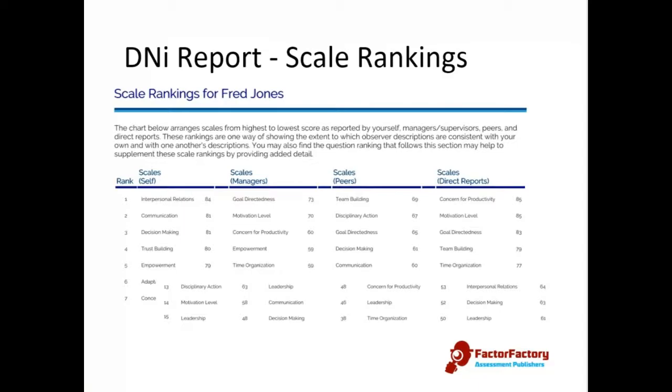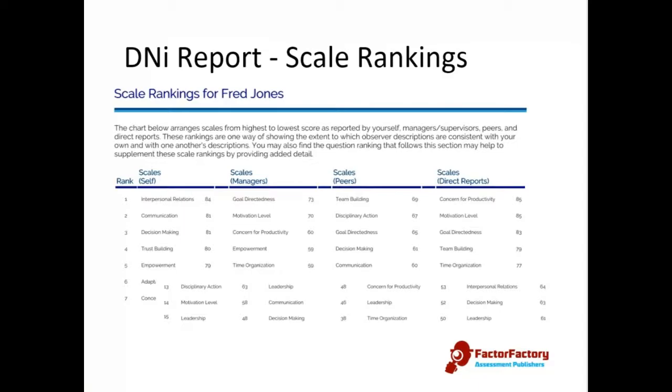In the next column, leadership is ranked at 48. It's third to last. Then we go across and we see second to last under peers is leadership with a score of 52. And down at the end, direct reports rate them a 61 in leadership. Direct reports, their employees, see leadership as their worst attribute of these 15. So that could be a big deal.